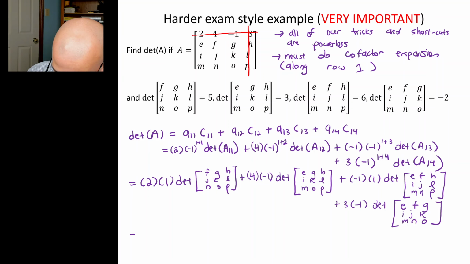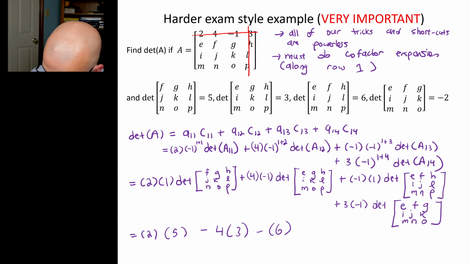All right, and now we can start plugging in information. We have 2 times that determinant, which is 5, minus 4 times that determinant, which is 3, and then minus the determinant of the EFH, which is 6, and then minus 3 times the determinant of the EFG, which is negative 2.